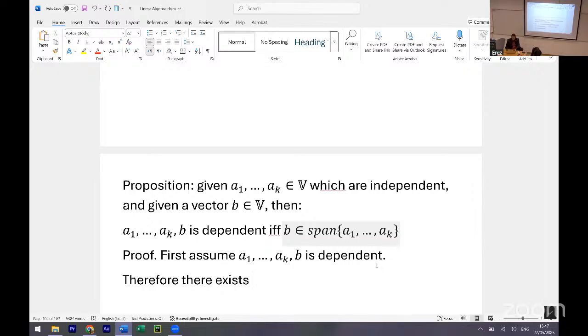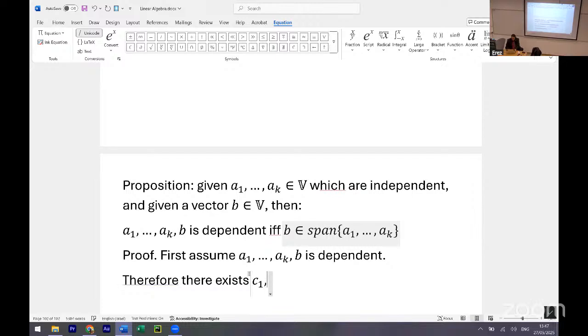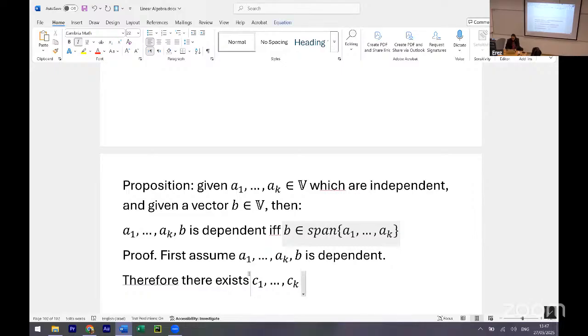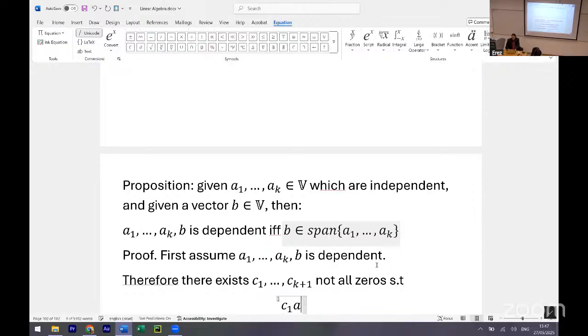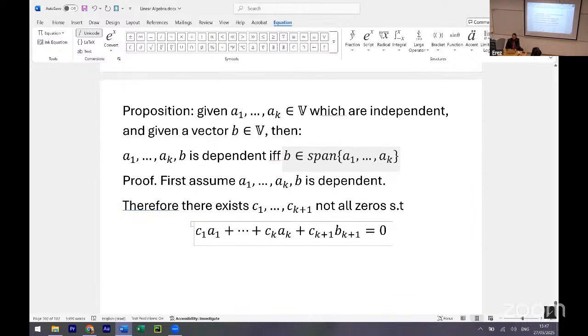There exist C1 to CK and CK plus 1, right? There is a coefficient to B as well, not all 0, such that C1 A1 plus ... CK AK plus CK plus 1 B is 0, the 0 vector. No, B is not BK plus 1. Right, you're right.